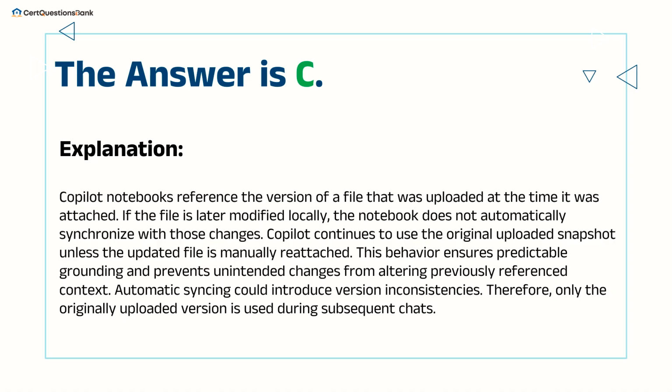This behavior ensures predictable grounding and prevents unintended changes from altering previously referenced context. Automatic syncing could introduce version inconsistencies. Therefore, only the originally uploaded version is used during subsequent chats.